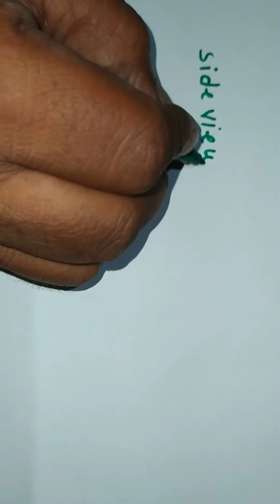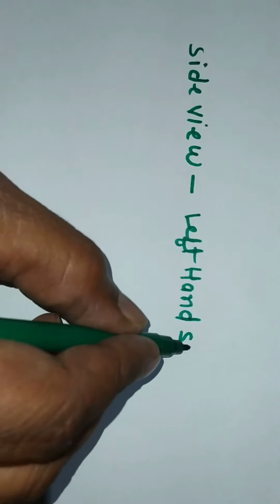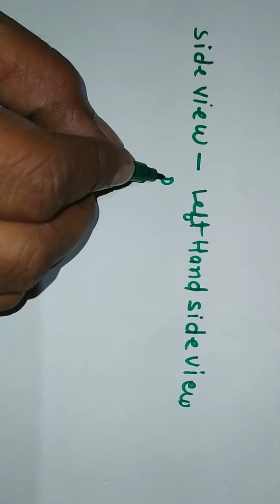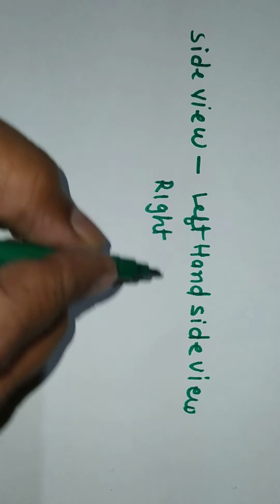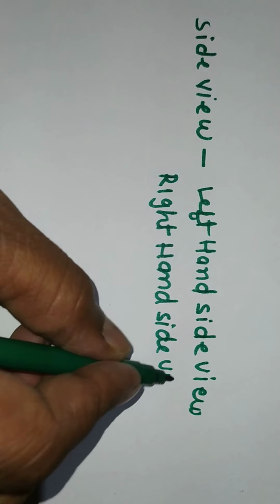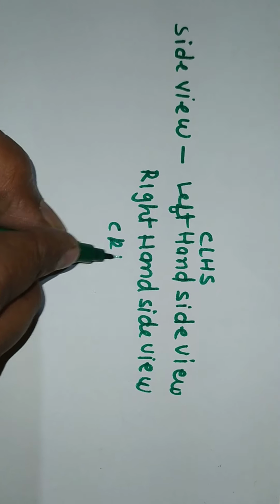Now, we have to complete the side view today. There are two types of side view, the left hand side view and the right hand side view, that is LHS and RHS.